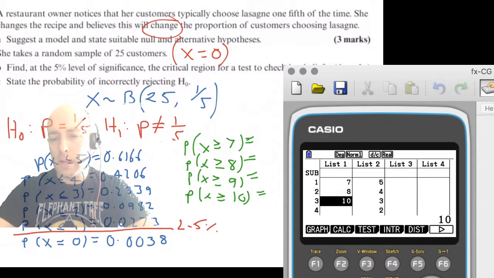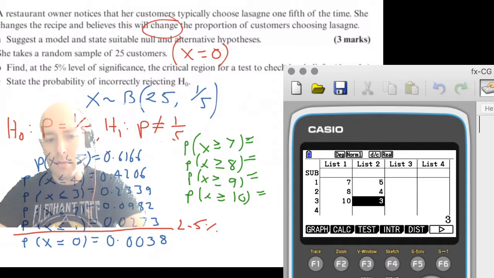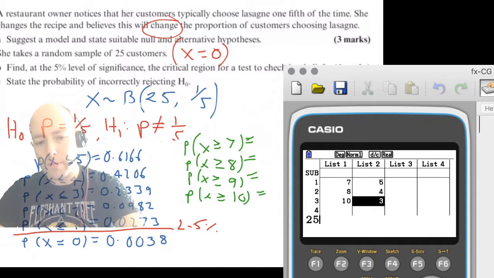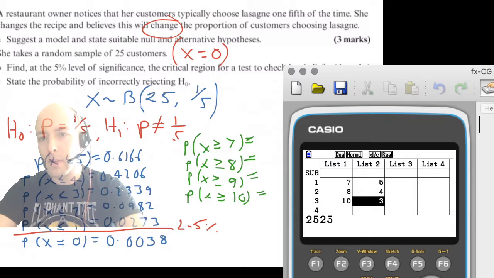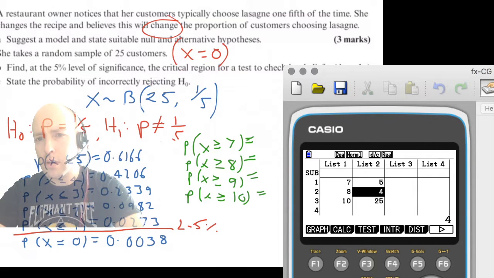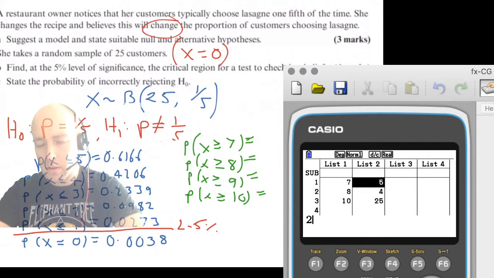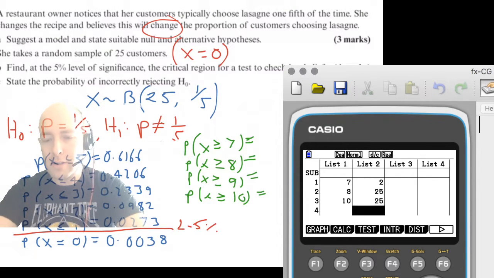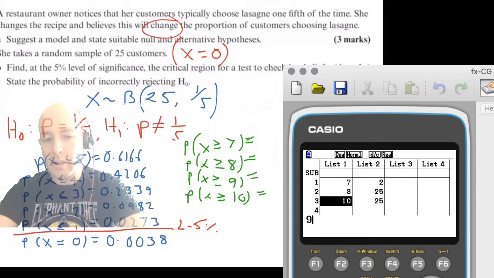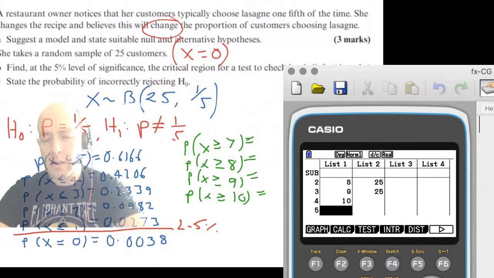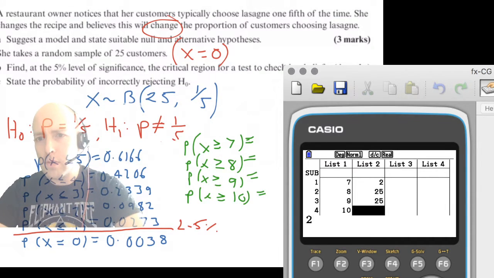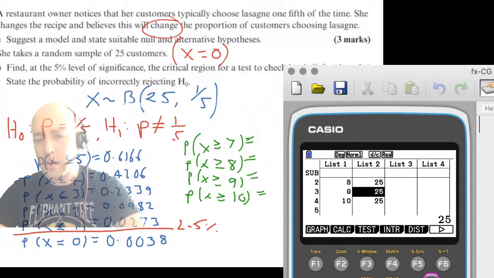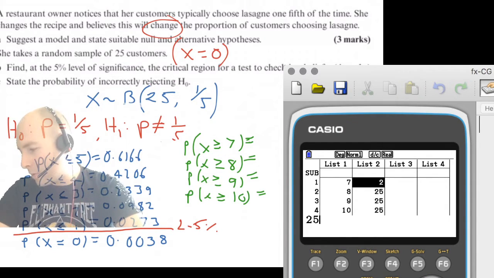All my upper values are now going to be 25 because that's the total number of trials. I've left out 9, so do that again: 9, 10, 25, 25. Be careful when you're typing stuff in.